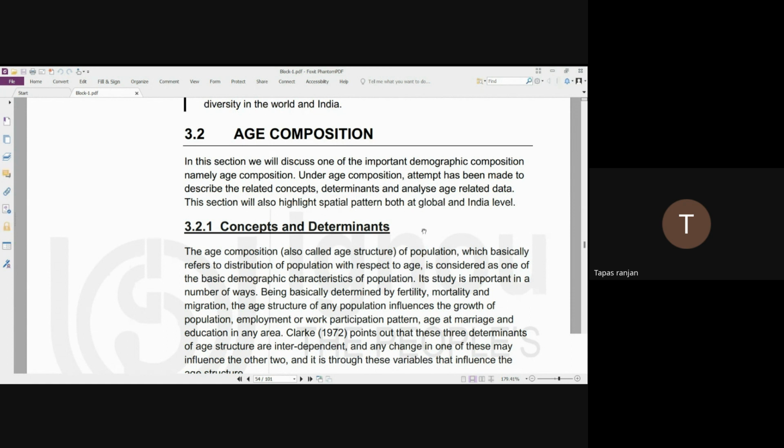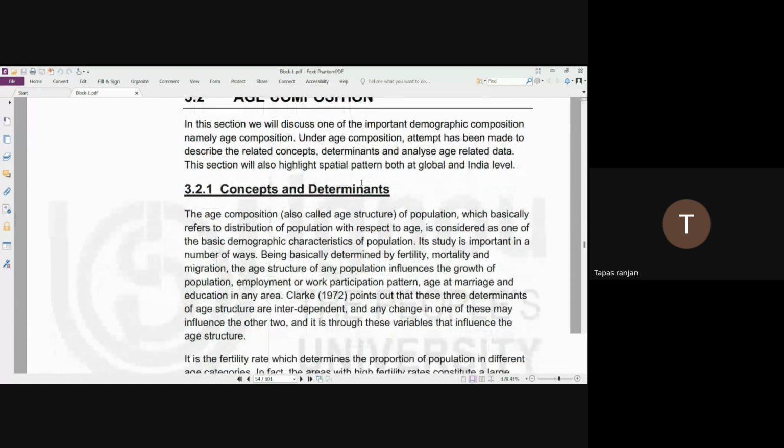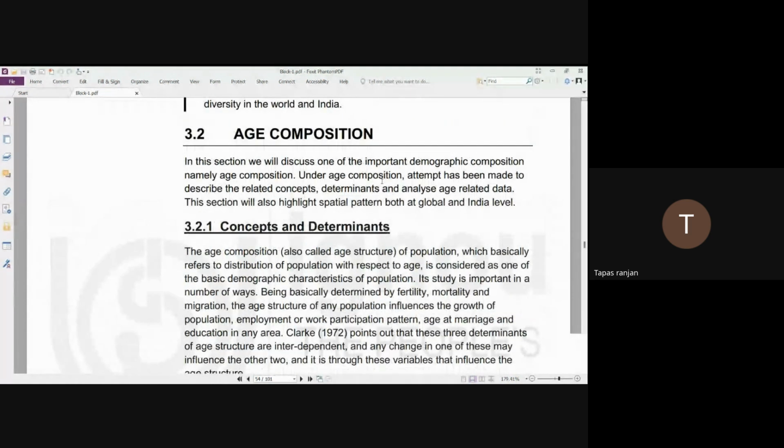So the concepts and determinants of age composition: what are the different factors? Determinants are basically different factors which affect the age structure of population of any region. What is age composition, we have already discussed.